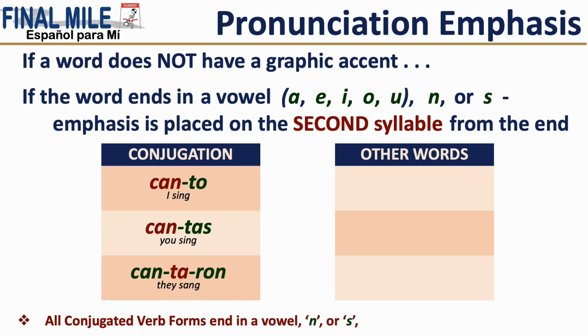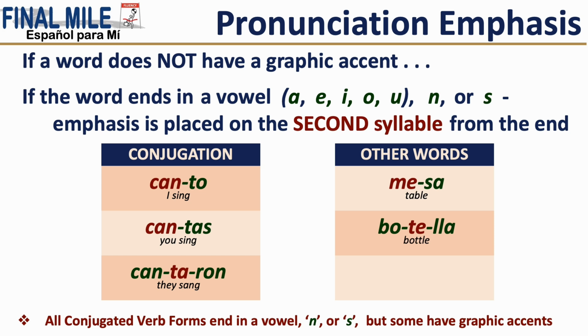Okay, there are other words outside of conjugation that end in a vowel or N or S and do not have a graphic accent. Okay, does it end in a vowel or N or S? Yes, it does. It doesn't have a graphic accent, so emphasis is in syllable number 2. Mesa.